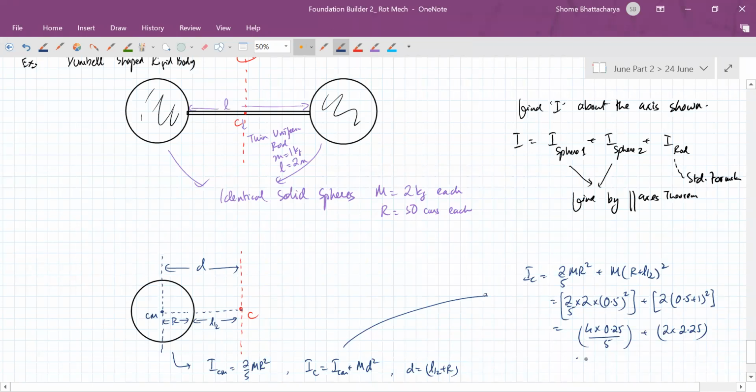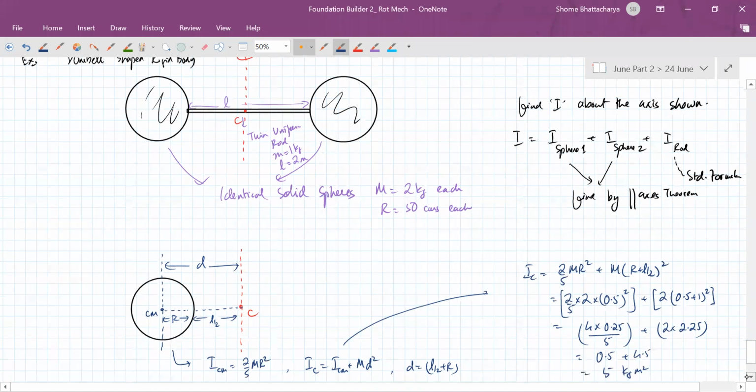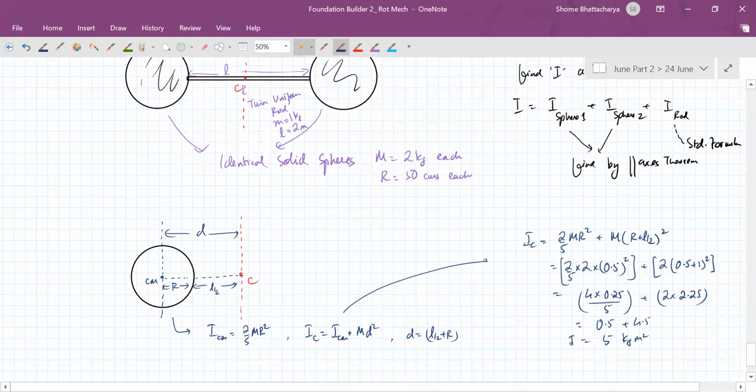So this is going to be 0.5 plus 4.5. So 5 kg meter square. This is for each sphere.